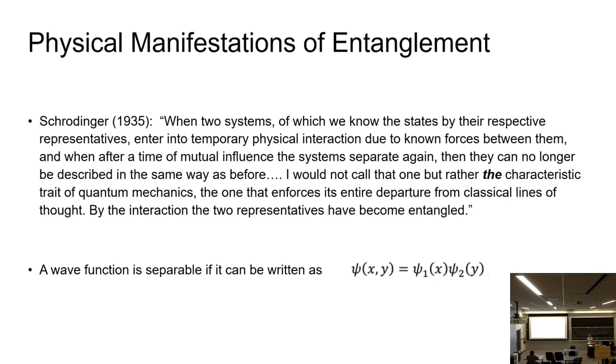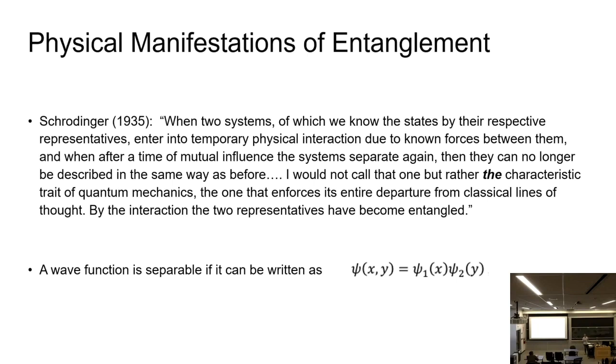He goes on and talks about what separable means, and he says that a pure quantum state is entangled means that it's not separable, and for the simplest case of two distinct spinless particles moving on a line, being separable means that the wave function can be written as a composition of the two wave functions. The wave function of the composite system can be separated into the individual components.